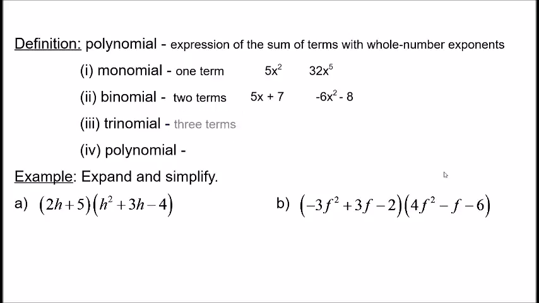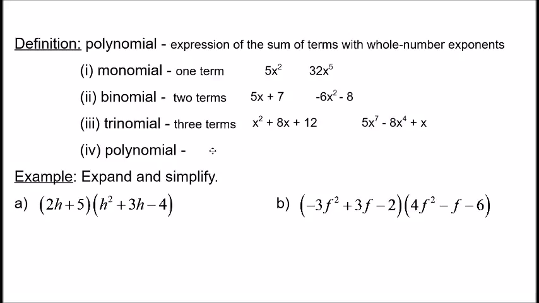The third one we have has three terms and it is called a trinomial. Think tri as in tricycle, has 3 wheels. Some examples of trinomials would be x squared plus 8x plus 12, or 5x to the 7 minus 8x to the 4 plus x.